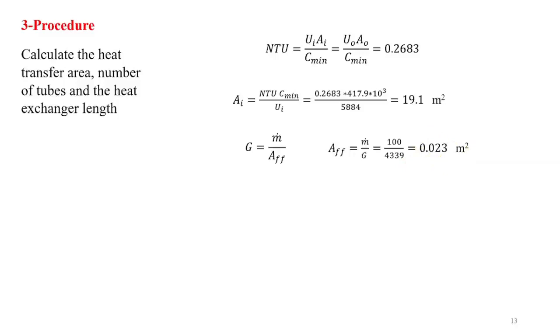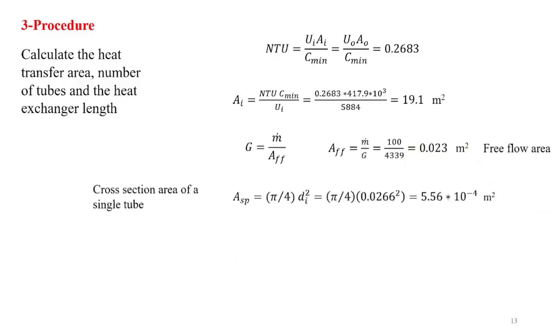But we know that for a single tube, the cross-section area is pi over 4 d_i squared, so it's going to be 5.56 times 10 to the power minus 5. If you divide the total free flow area, 0.023, by the single tube cross-section area, you get about 42 tubes, which is N, the number of tubes required.